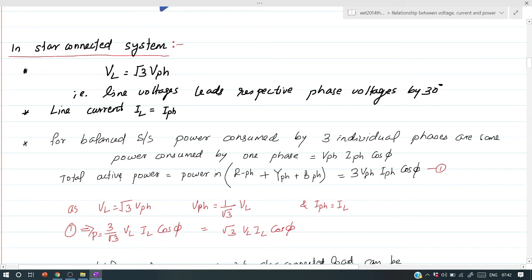So total active power in star connected balanced system can be represented in two ways. One is in terms of phase voltages and phase current, that is 3 V phase I phase cos phi. When parameters are given in line voltage and line current, then we can find out the same power by means of this equation, that is root 3 VL IL cos phi.